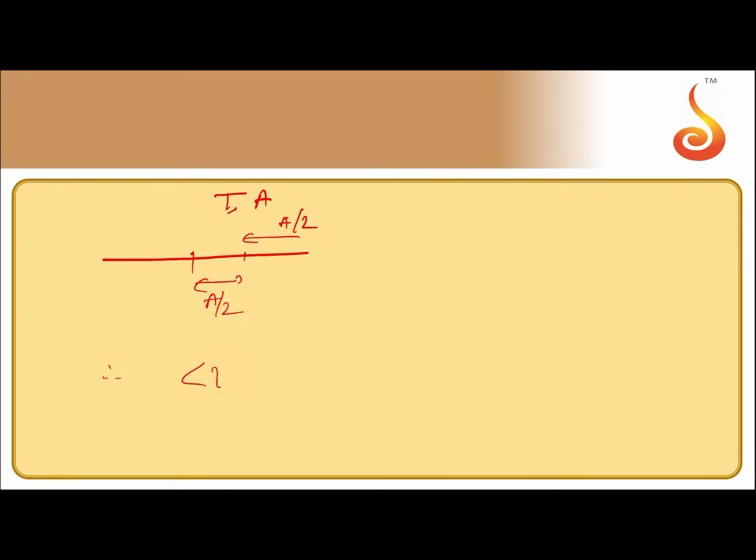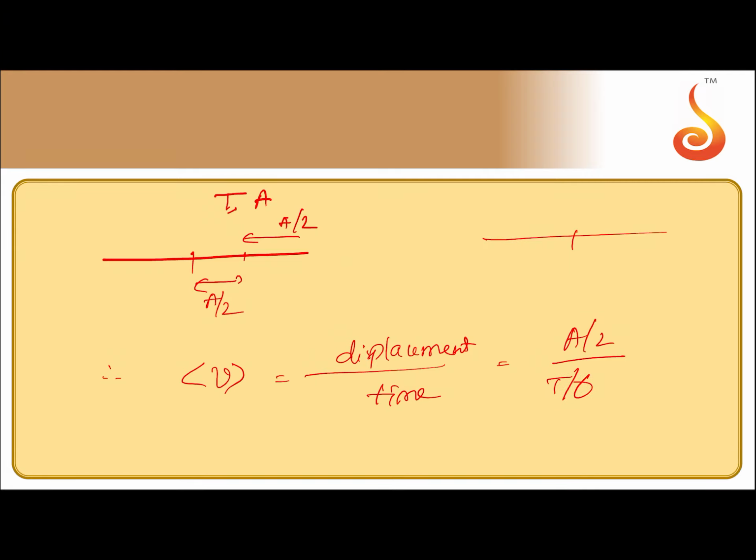Therefore, mean velocity is displacement divided by time taken. And what's the displacement? Displacement is A by 2. What's the time taken? The time taken to cover this distance is T by 6. You may wish to recall that the particle takes a time T by 6 to cover this journey of half the displacement starting from the extreme position.